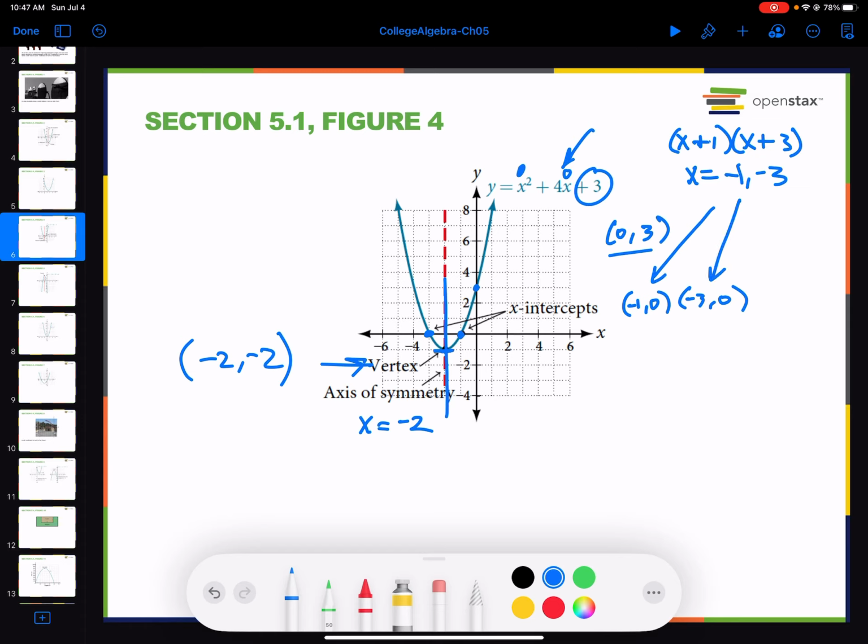And then let's rewrite it into vertex form. So we've got our a, which is just 1. It's ax squared plus bx plus c. So our a in this case is 1, our b is 4, and our c is 3. So we've got a equals 1.